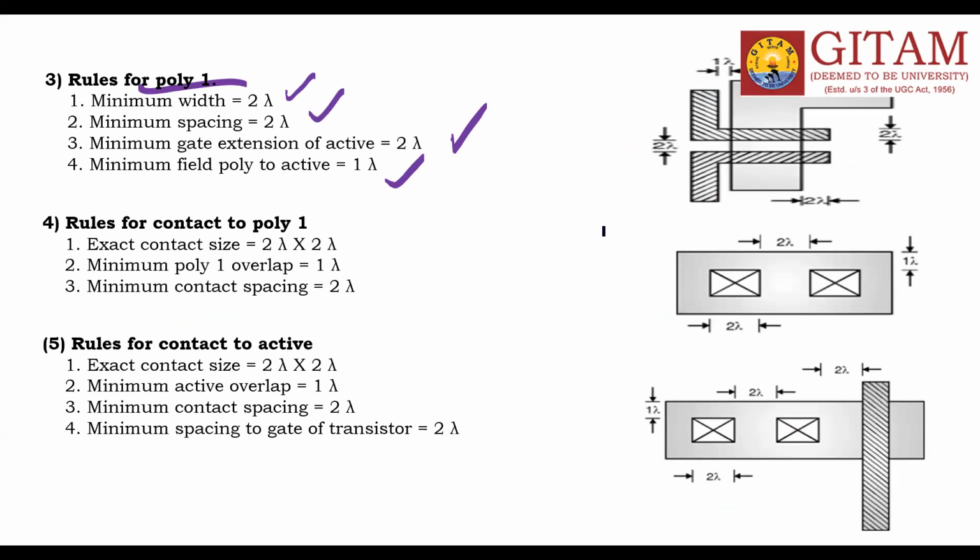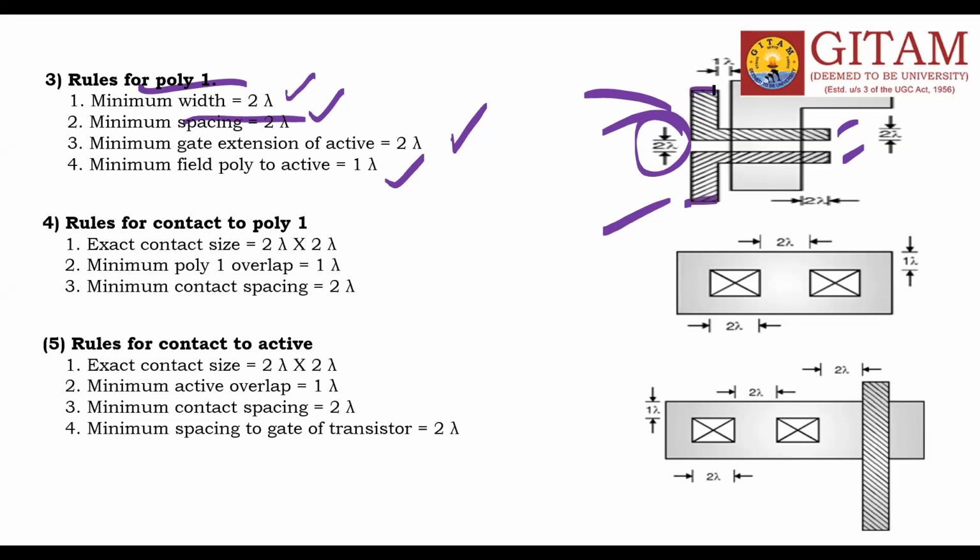This is one poly, and this is one more poly. The spacing between the two poly is 2 lambda, like this. Poly 1 and poly 2. Next, each one has a minimum width of 2 lambda.